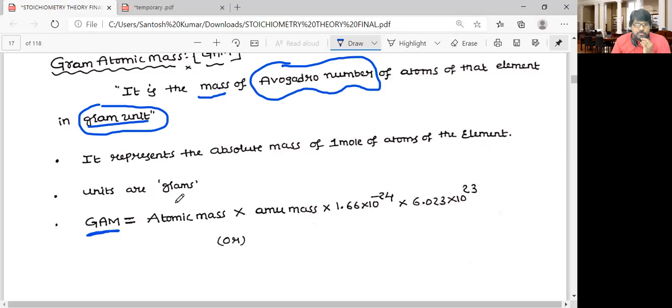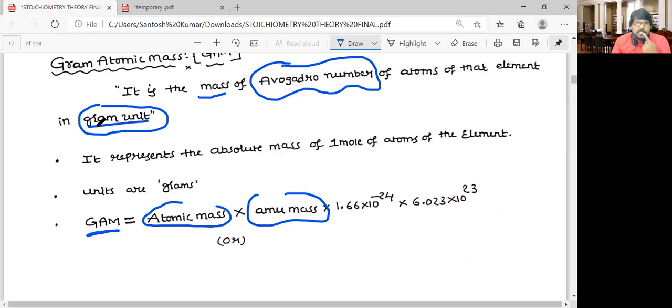Avogadro number of atoms. So first let me take atomic mass into AMU mass, because this is the absolute mass. Atomic mass, AMU mass. So this product is actually called what? Absolute mass. AMU mass means according to IUPAC 1 AMU only, right?